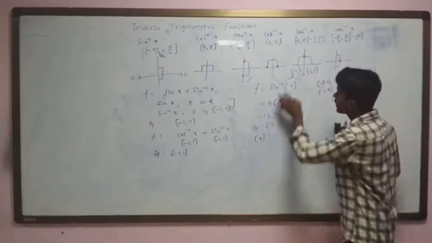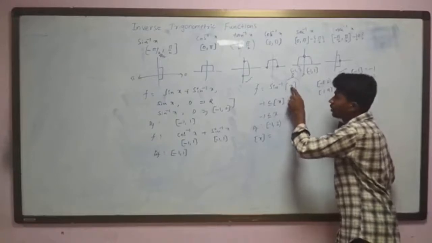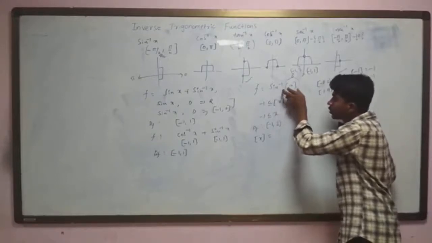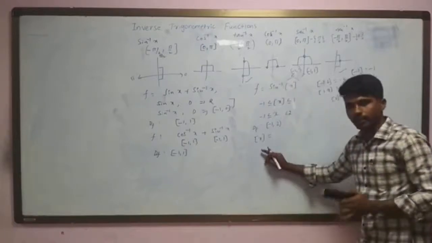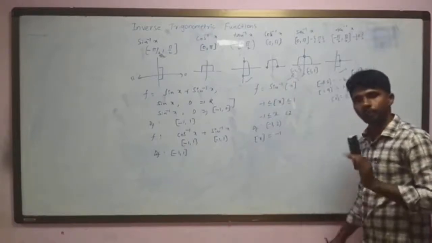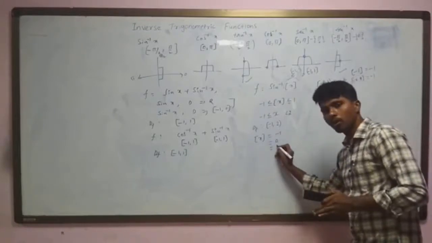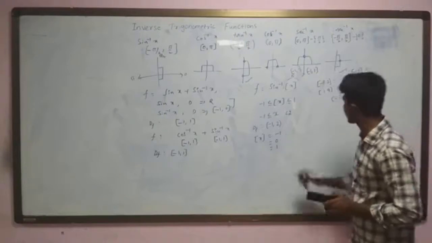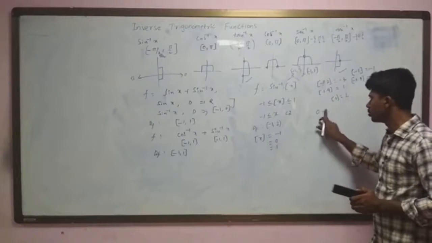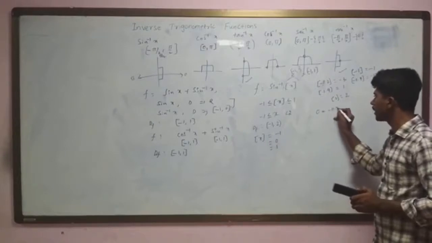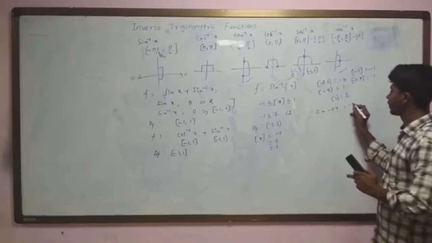Now I am going to find the range. Range depends on this particular step x, meaning sin inverse of step x, not on this x only. So what about this particular value? Step x is -1 or 0 or 1. When the value lies between -1 and 0, 0 not included, including -0.9, I'll get -1.